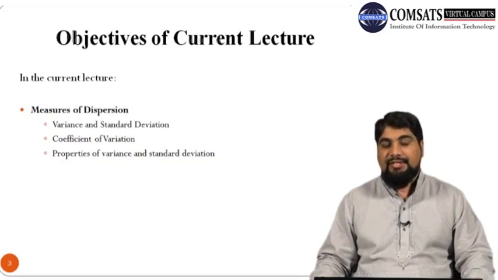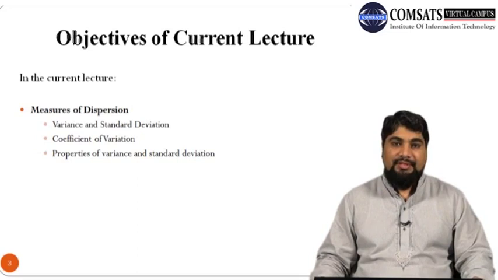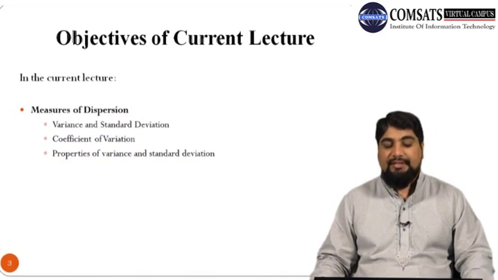Standard deviation is actually the positive square root of the variance, and if we square the standard deviation we get the variance. We will also discuss the coefficient of variation, which is a relative measure of spread or dispersion, used to compare variations of different data sets. And then we will also discuss some of the properties of variance and standard deviation.